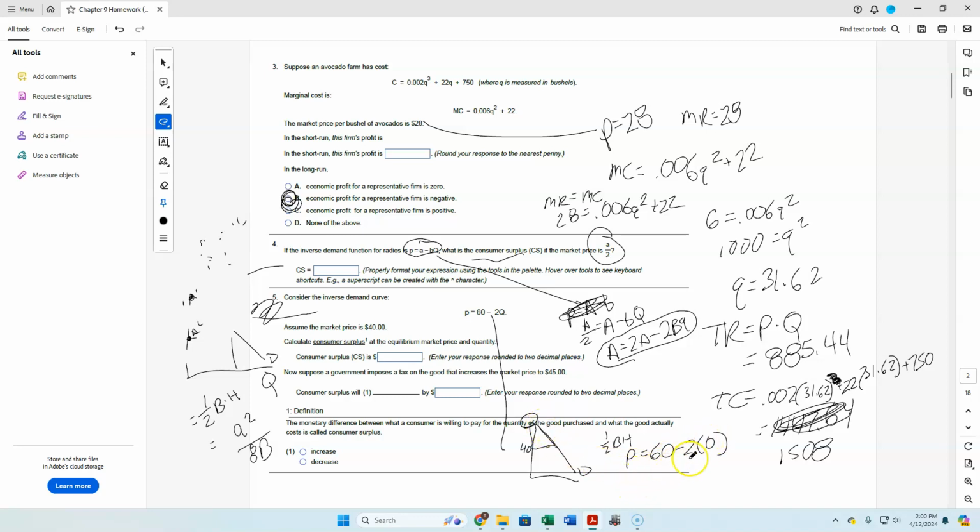So 2 times 0 gives us nothing, so this is 60. And then we need to put in a price of 40 equals 60 minus 2Q. Negative 20 equals negative 2Q. Q equals 10. And so then 1/2 times 20 times 10 would be 100.